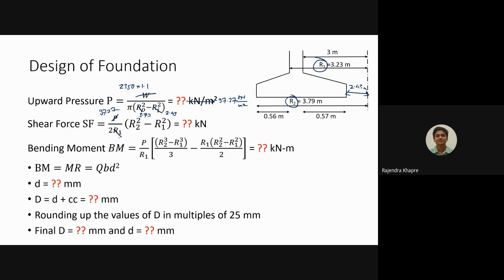This R1 value is 3.23, R2 value is 3.79 and R1 is 3.23. How much is the shear force?